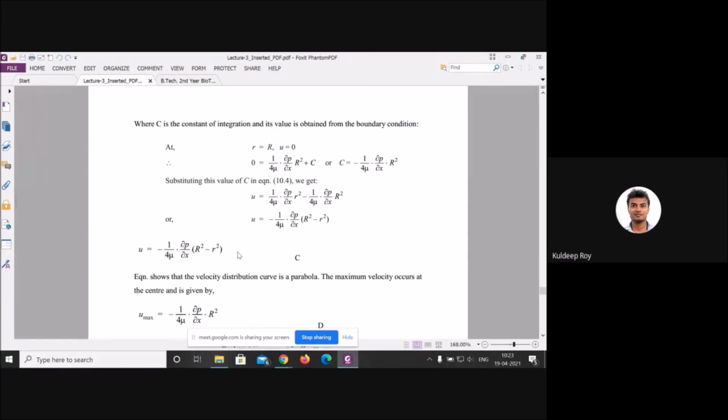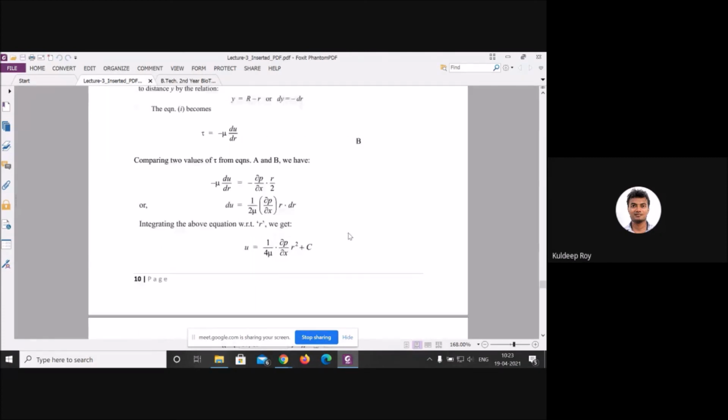Okay, now we have got this expression, u equal to minus 1 by 4 mu dou p by dou x (R square minus r square). Now we have to rearrange this and define what we are talking about. You have got an expression with a square term, which means it is showing some kind of parabolic term.